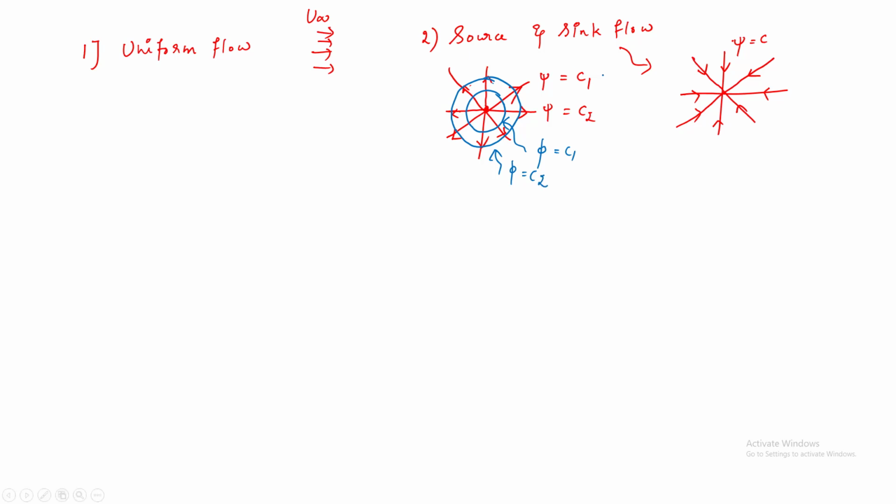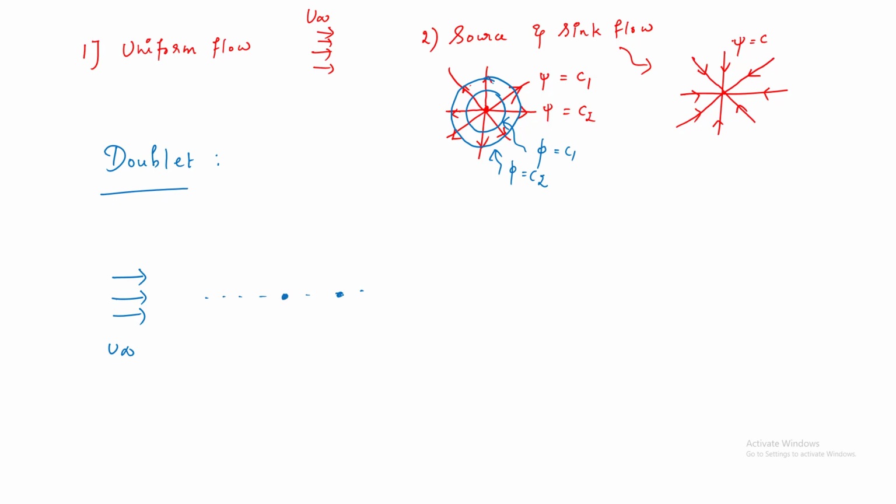From this we are going to get the doublet. So what is a doublet? That is our question. From the name you can understand that there are two things happening. That's why we call it a doublet. We have a uniform flow approaching a pair of source and sink.